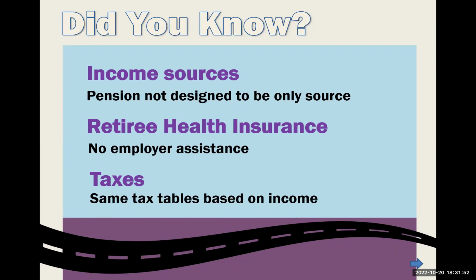Most retirees have multiple sources of income to help them meet their financial goals during retirement. And that when you retire, you will be responsible for the entire cost for your health insurance, because in most cases, there's no longer any employer assistance. Also, there are no special tax tables for retirees.